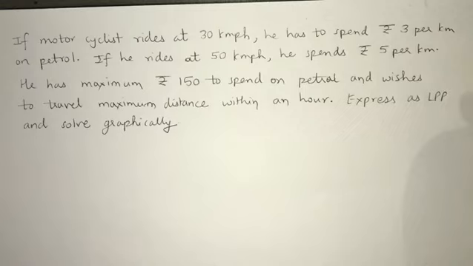If he is riding slowly at 30 kilometers per hour and spending 3 rupees per kilometer on petrol, the money will be saved but the time will run out. If he is riding faster at 50 kilometers per hour, the petrol money will run out, but time will be saved. Are you understanding?